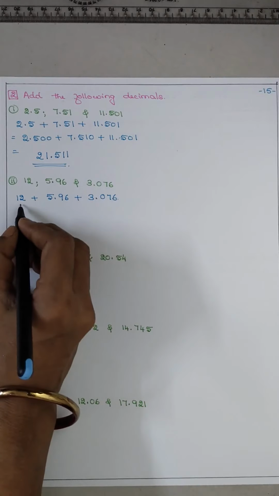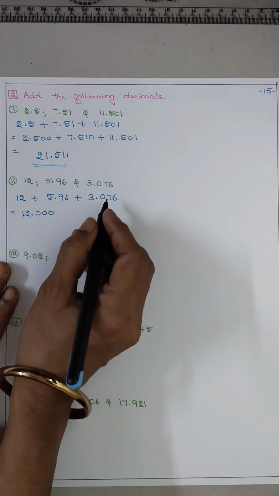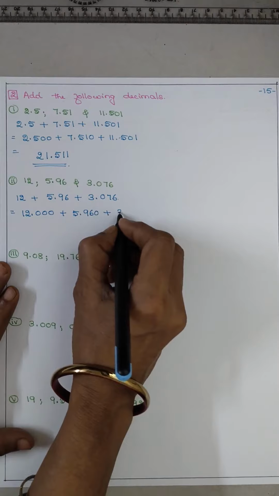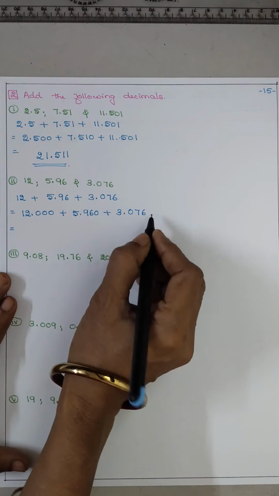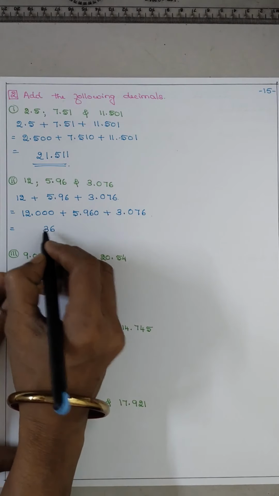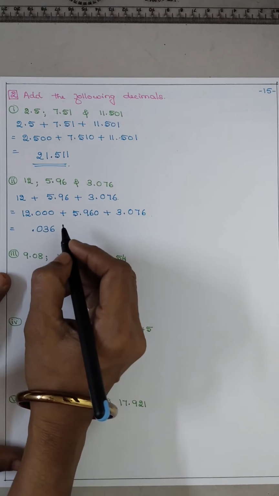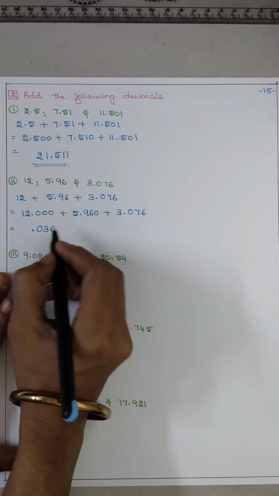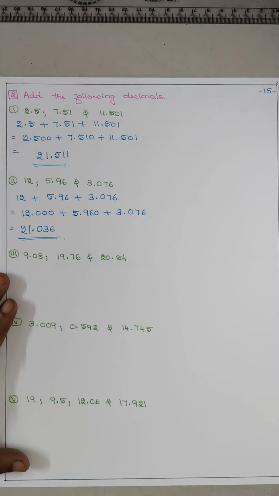Here 3 decimals, 2 decimals, no. So 12.000, convert into 3 decimal places: 12.000 plus 5.960 plus 3.076. Adding from the right, 6 plus 7 is 13, and so on. The answer is 21.036.